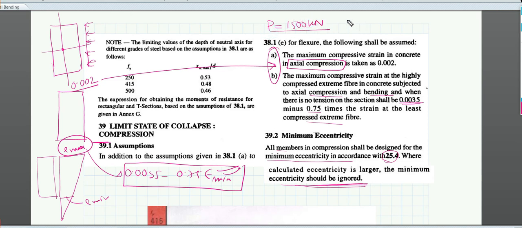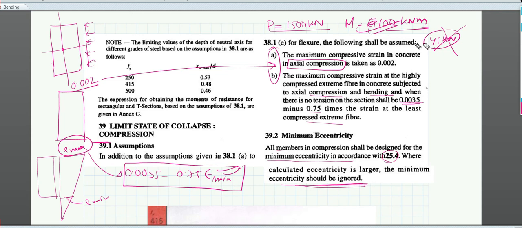But if in the question the moment is also given, like 50 or 60 or say 100 kilonewton meter, and the moment due to minimum eccentricity is only 45 kilonewton meter, right? Then you can just ignore it, you just take the applied moment.